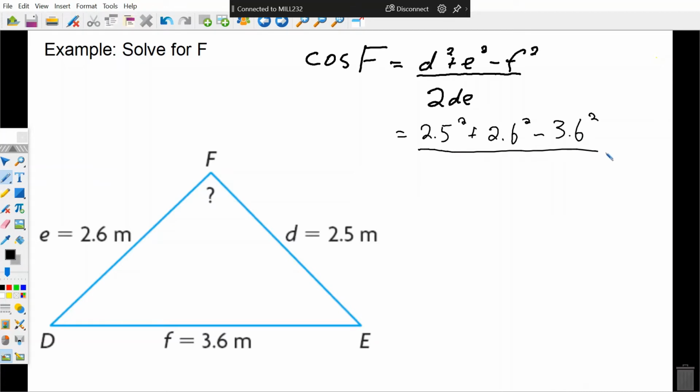And this is all divided by 2DE, which would be 2 times 2.5 times 2.6. Oh, and this equals cos f. I apologize.